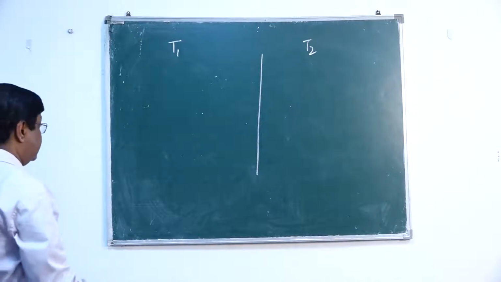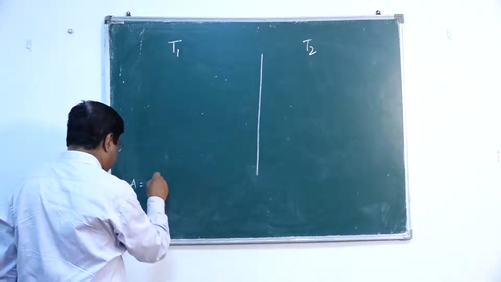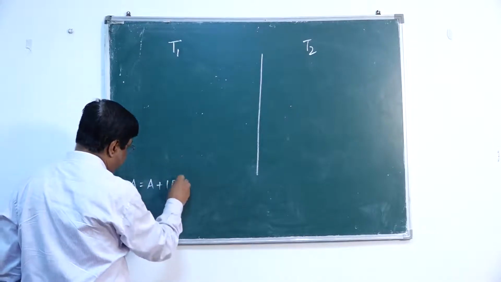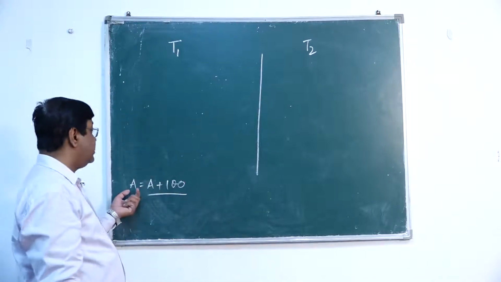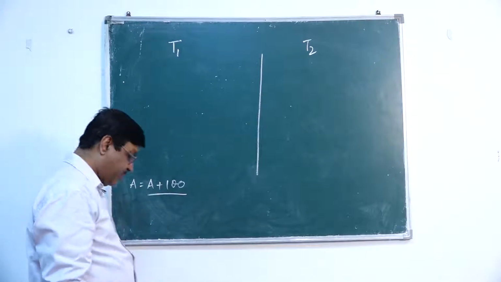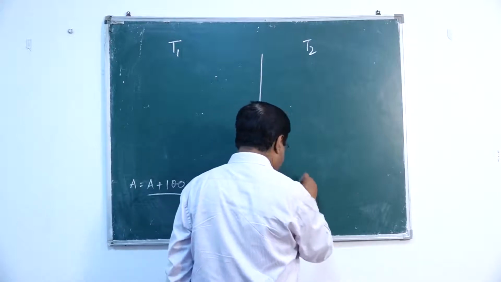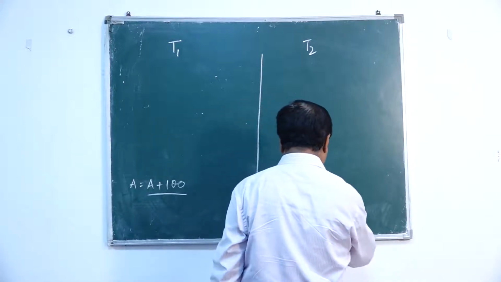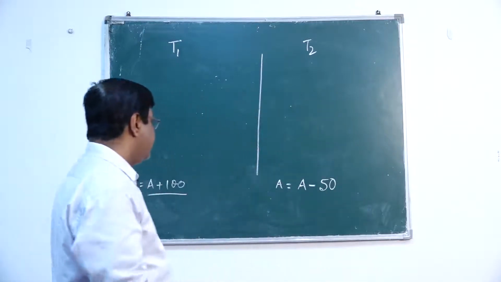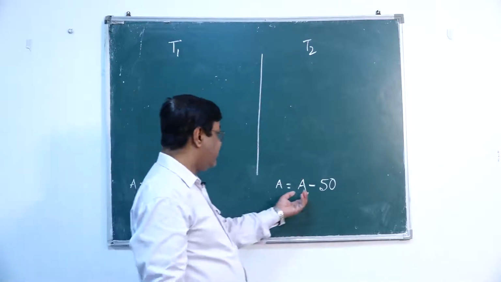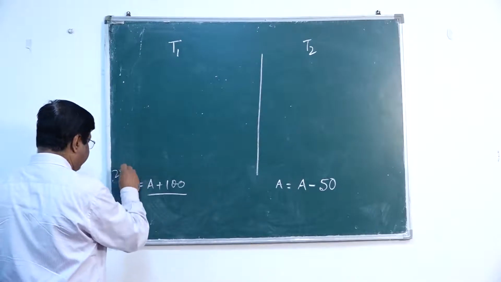Transaction 1 has to add 100 into A, whereas transaction T2 has to subtract 50 from the value of A. Suppose the initial value of A is 200.